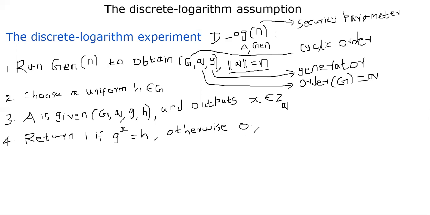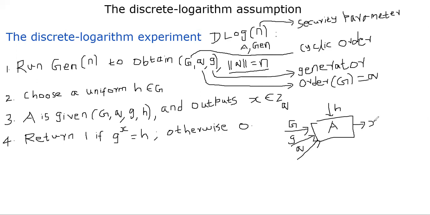Essentially, visually, you have an attacker A, and you say to the attacker, try to break the discrete logarithm problem. You send in: here is the group that I'm working with, it could be Z_p* or whatever, here is my group generator, and here is the order of the group. And I give you a randomly picked group element h, and your goal is to give me back an x.